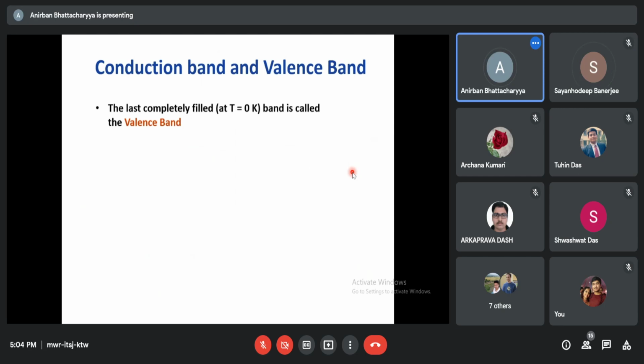So the last band, the highest energy band that is completely filled at temperature T equal to zero, is called the valence band. So what is the conduction band? Can you define the conduction band based on the definition of the valence band?